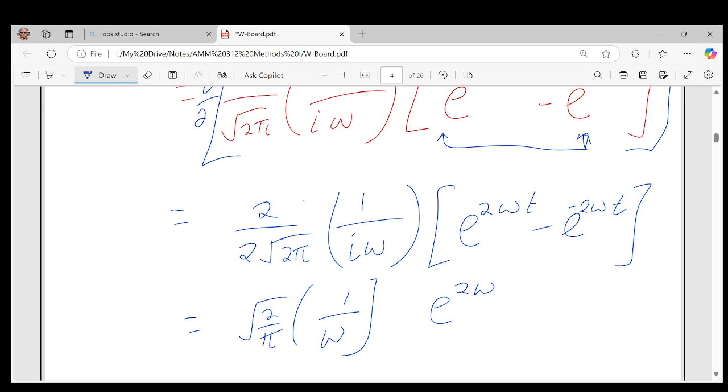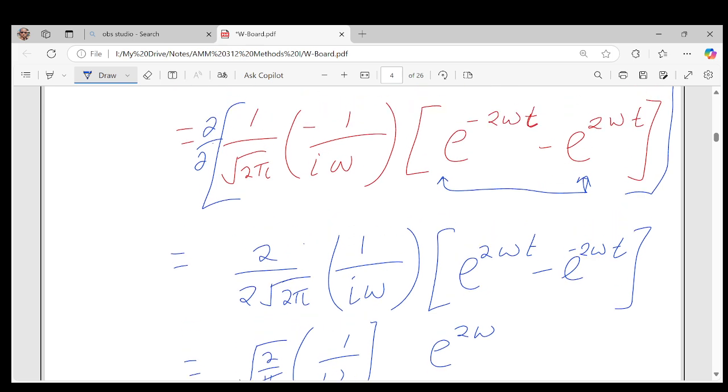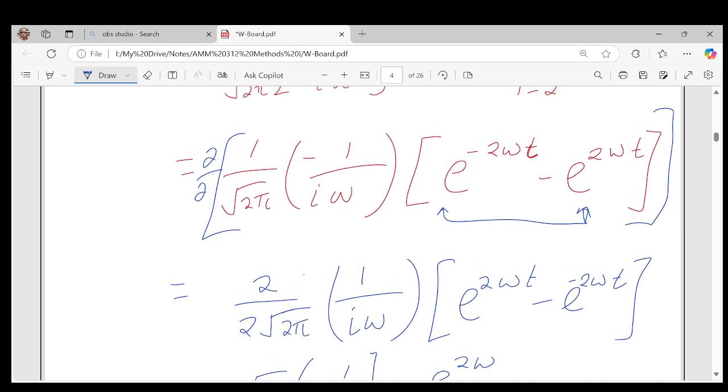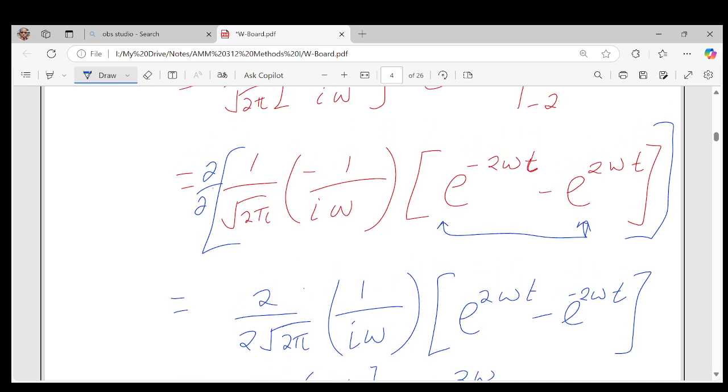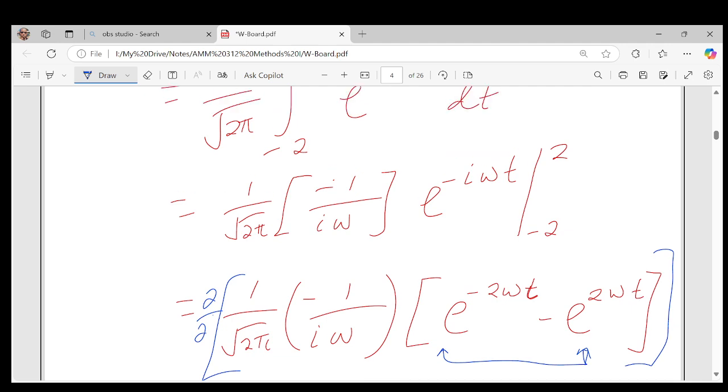I think something is not correct here. This should have been I, not T, because we replaced t with 2 and minus 2.